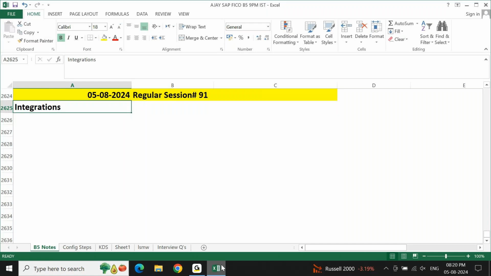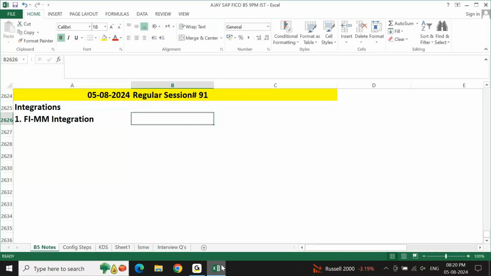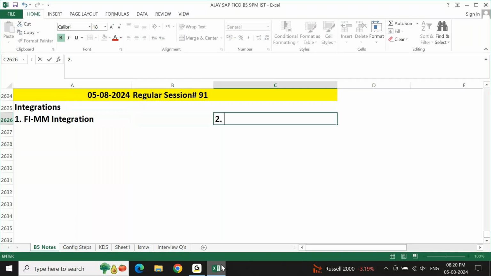When we're talking about integration, majorly there are two integrations which we need to understand. First one is your FI-MM integration. Second one is your FI-SD integration.